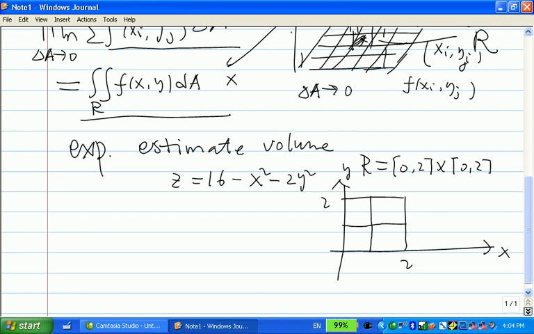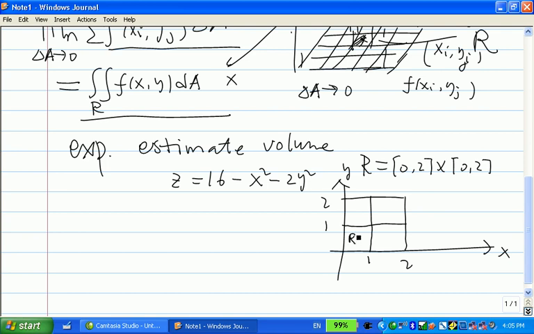So they give us this: here's 1, here's 1. We have to give a sample point to find the volume for each rectangular box. Now we use the upper right corner of each.